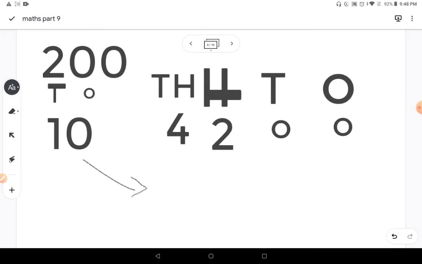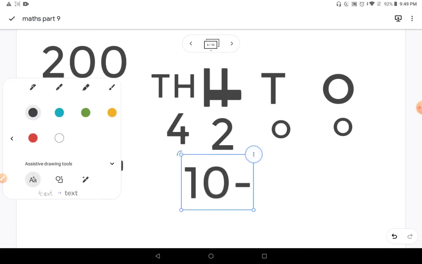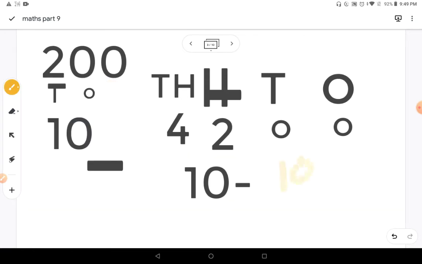You can write 10 as 10 ones, and you can also represent it in terms of tens: 1 ten.